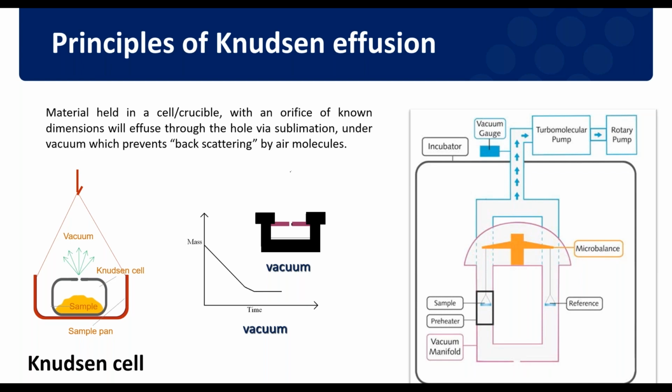The rate at which this mass loss occurs is constant at a constant temperature because of the difference in pressure between the inside and the outside of the cell. So if this mass loss can be measured, it can be converted into a vapor pressure. And we see here how mass decreases as a function of time until it stabilizes as the entire compound inside the cell is lost. Often the way to do that is by using a sensitive microbalance to hold the cell with the compound together. We'll go into a bit of detail further in the presentation.